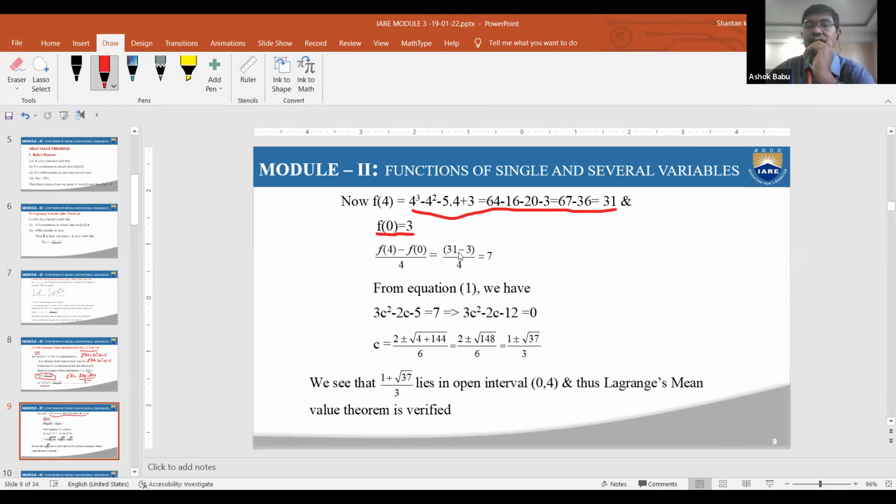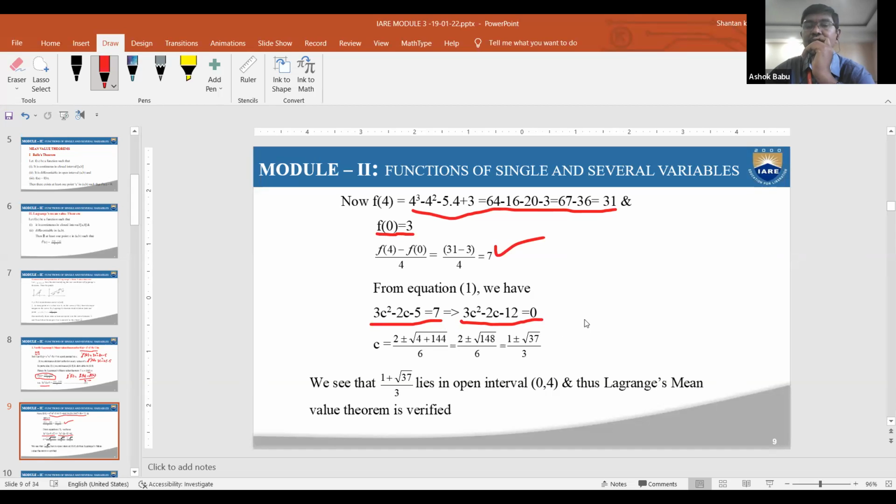Therefore, 31 minus 3 by 4, after simplification the value is 7 only. And in the first equation you need to replace 3c square minus 2c minus 5 is equal to 7. Therefore, after simplification, the equation is 3c square minus 2c minus 12 is equal to 0.